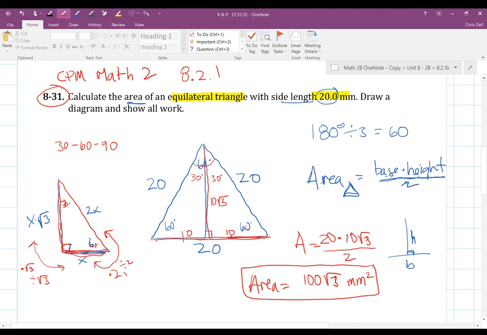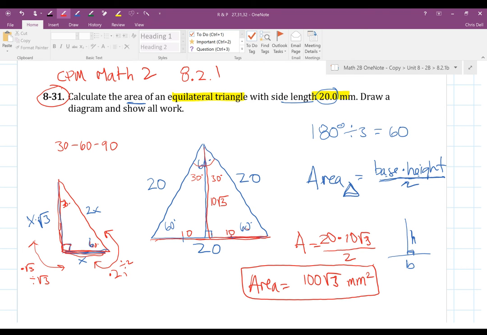millimeters squared, right? In my calculator, if you really wanted to get the estimated answer, you could find the square root of 3 and then multiply that by 100.